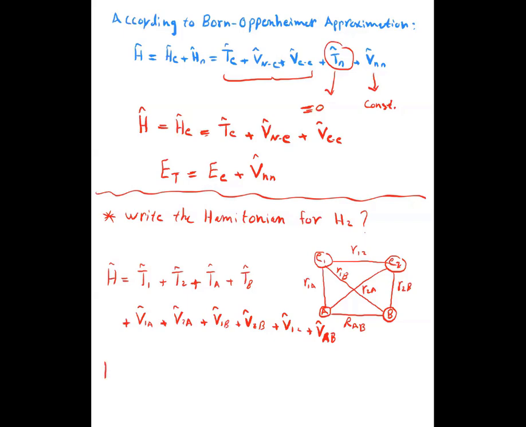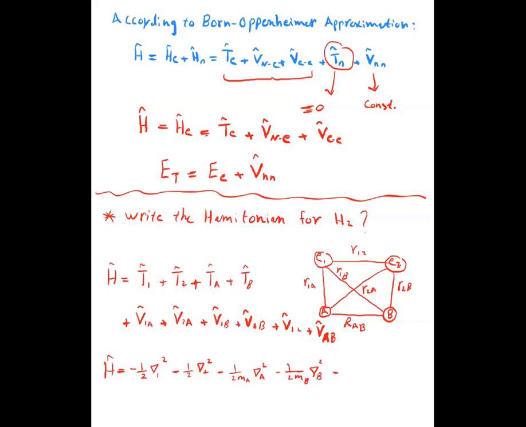The Hamiltonian now, according to the general expression, will be the kinetic terms. Using atomic units, it will be minus half del 1 squared, for the second one minus half del 2 squared, then minus 1 over 2 m A times del A squared, minus 1 over 2 m B times del B squared. These are the kinetic energy for electrons and nuclei.